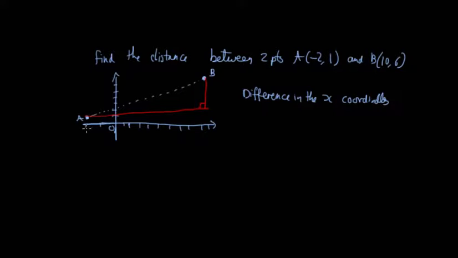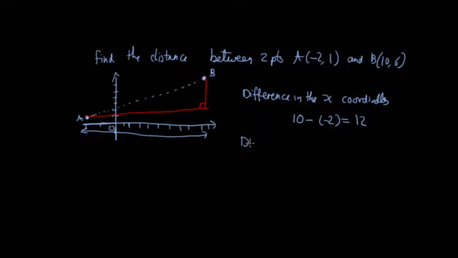That will give us this length here. So the x coordinate is 10, take away -2. That's the same as saying 10, and then going 2 in this direction, which is the same as add 2, so it's 12.